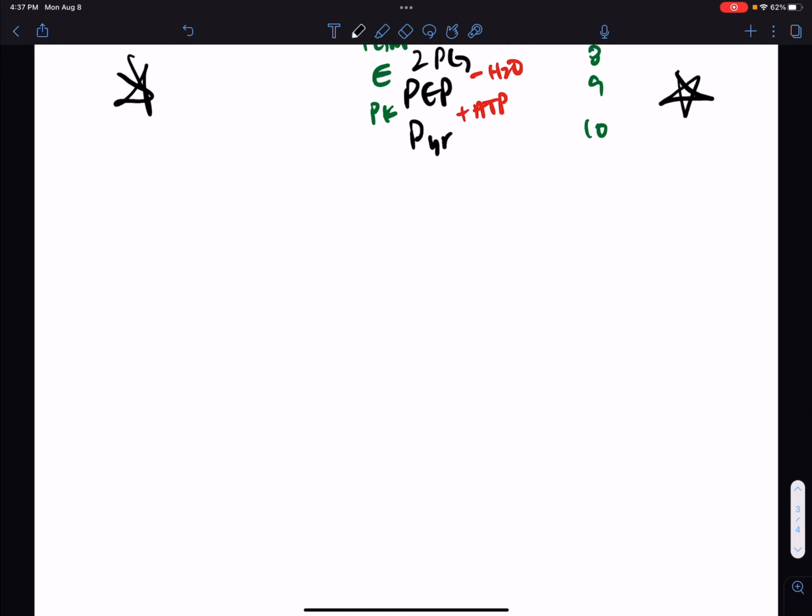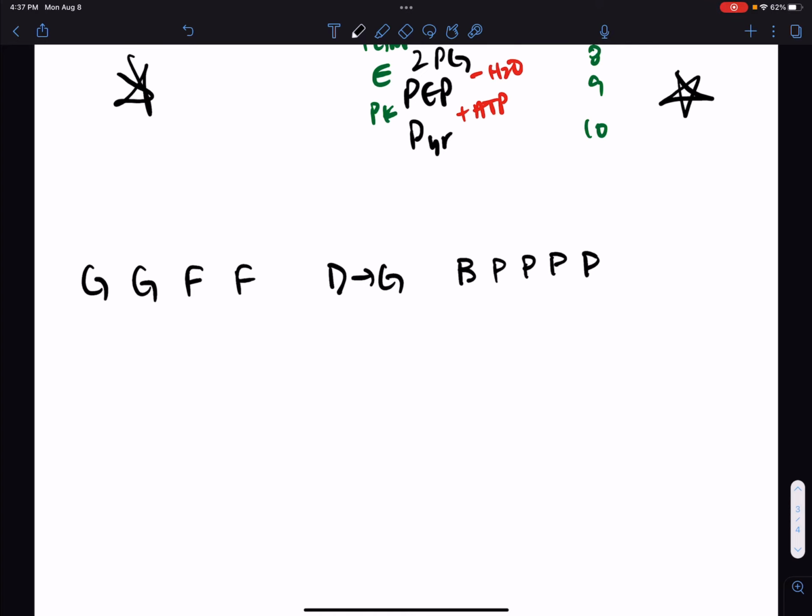So we go from glucose to glucose 6-phosphate to fructose 6-phosphate to fructose 1,6-bisphosphate, right? From there, we go to DHAP and GAP. And then from there, GAP goes directly to 1,3-bisphosphoglycerate to 3-phosphoglycerate to 2-phosphoglycerate to phosphoenolpyruvate to pyruvate.